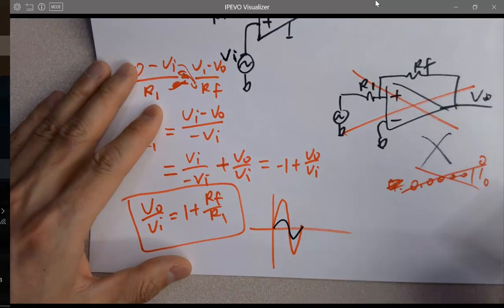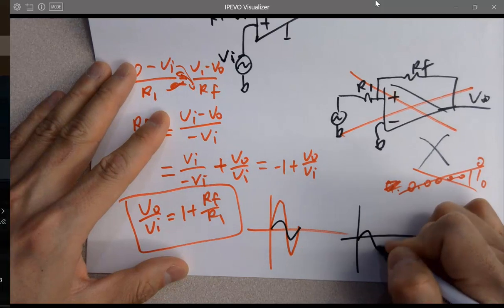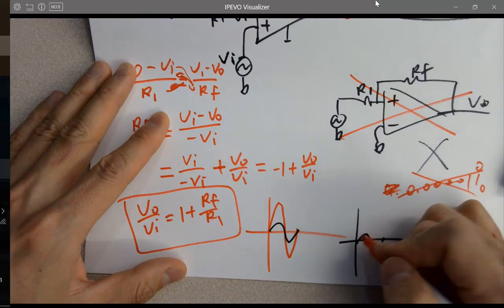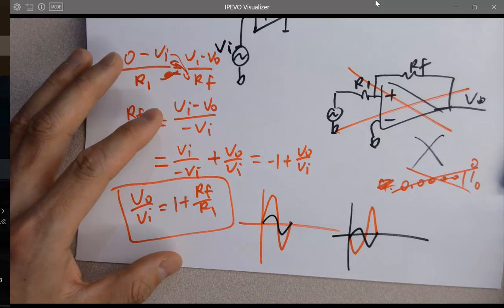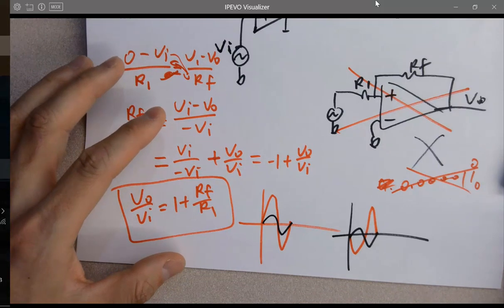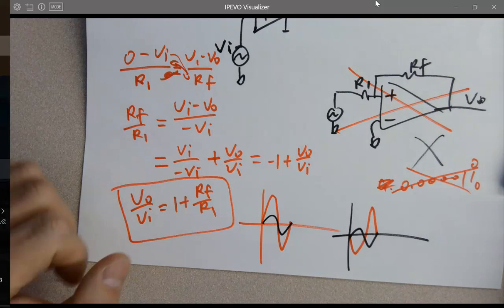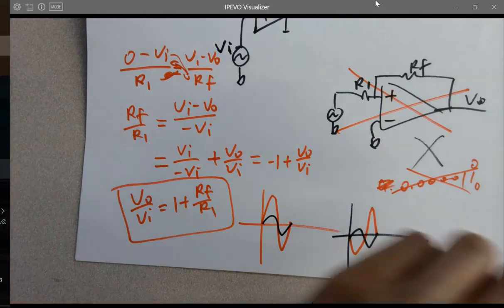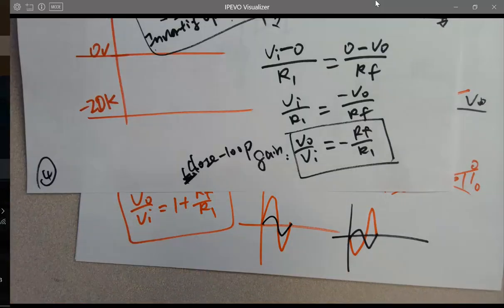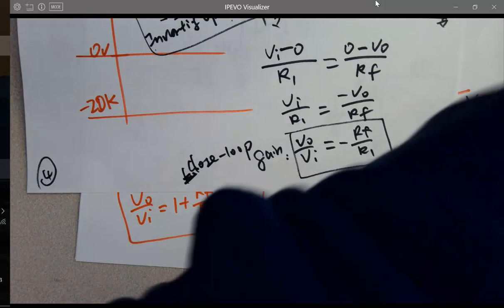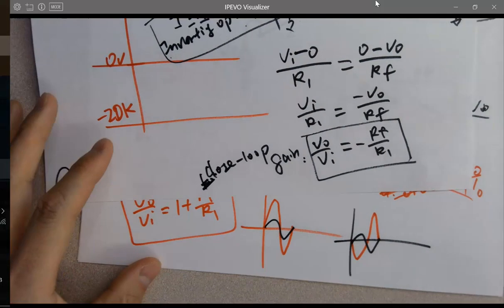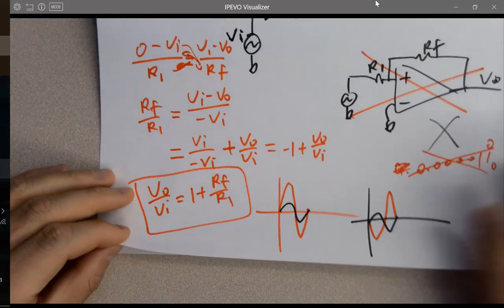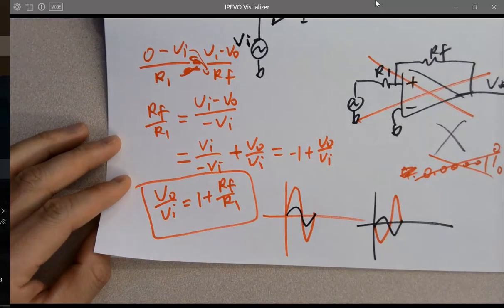But for the inverting, this is the input, and here's the output. Amplified and phase changed. It's being inverted because of the minus sign over here. So that's the voltage gain for the non-inverting topology.